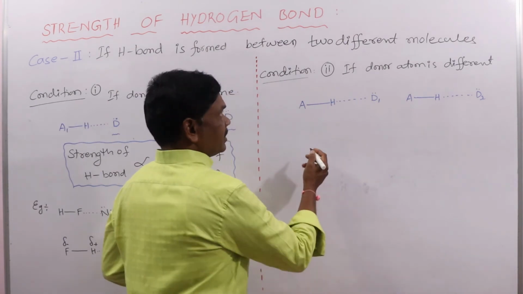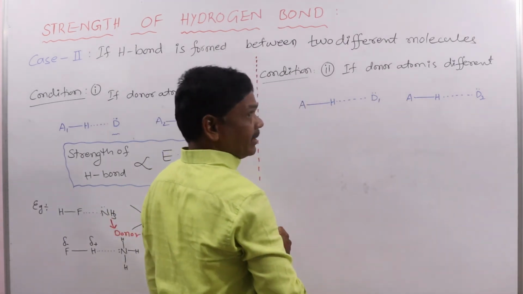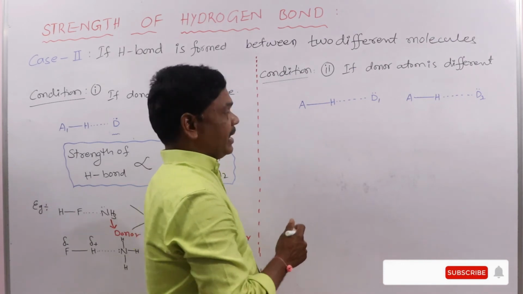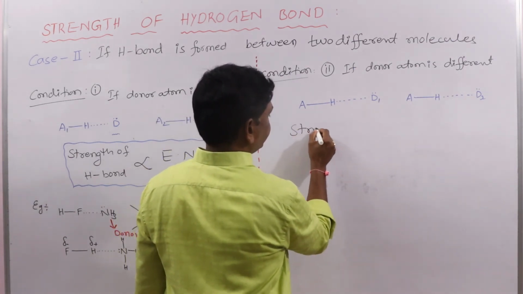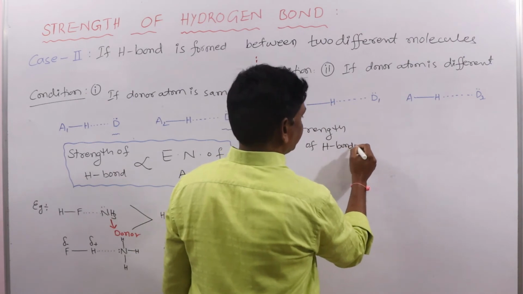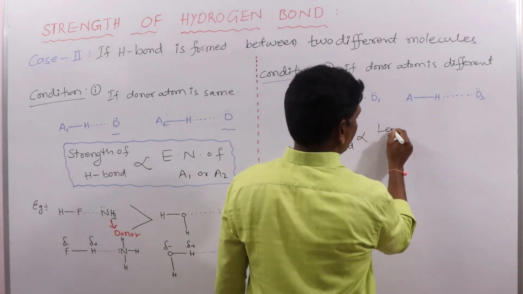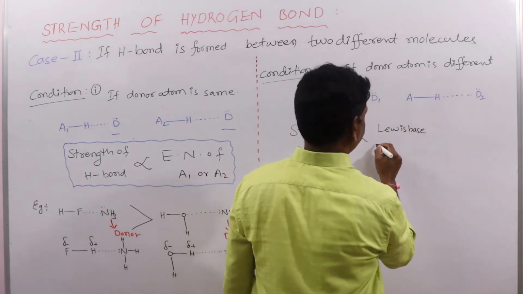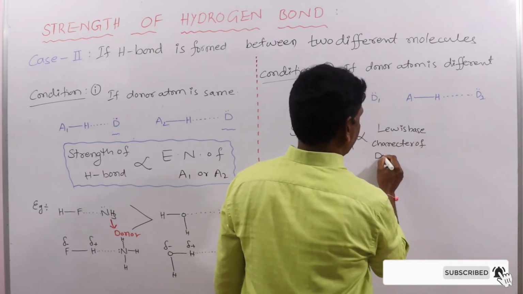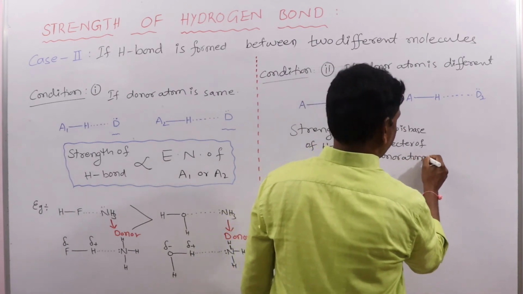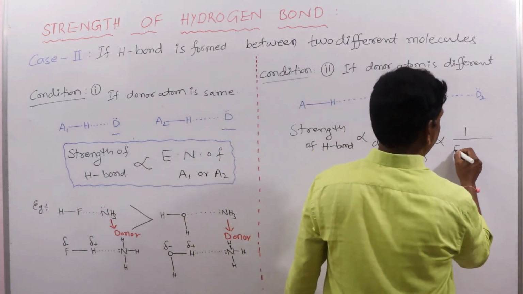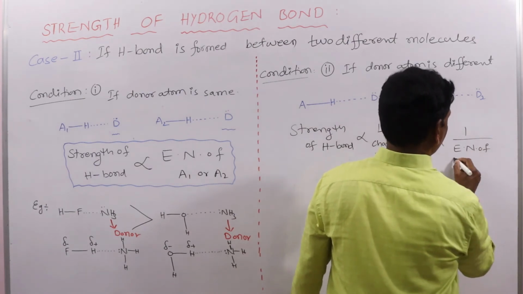For example, now the strength of hydrogen bond in this case, that is, if donor atoms are different: the strength of hydrogen bond is directly proportional to the Lewis base character of the donor atom, or inversely proportional to the electronegativity of the donor atom.